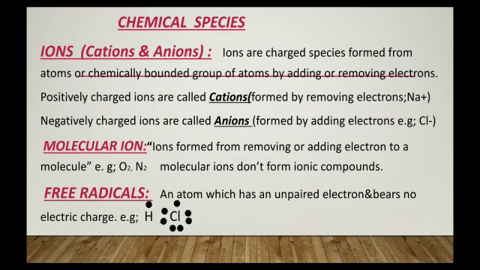So ions are of two types: cations and anions. Cations are positively charged and anions are negatively charged. Next are the molecular ions. When a molecule gains an electron or removes an electron, it forms a molecular ion, that is, ions formed from removing or adding electrons to a molecule.